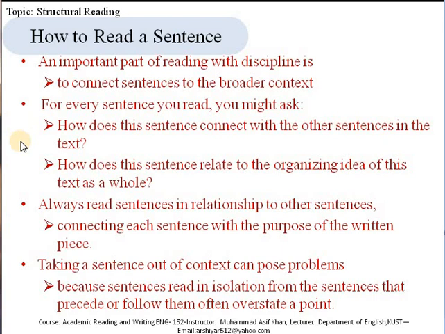We should read sentences so that we have the idea of how they are connected with other sentences, and what the relation of this sentence is to the organizing idea of the text, to the purpose of the written piece, to the broader context, or to the whole structure. This is very important during the process of reading a sentence.